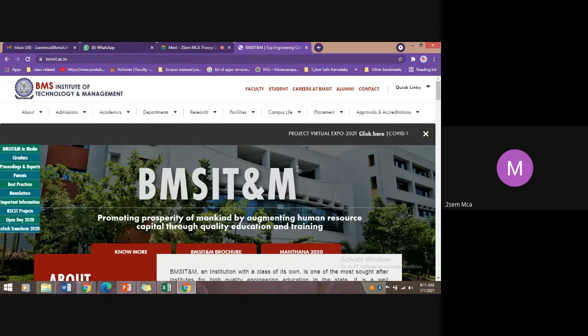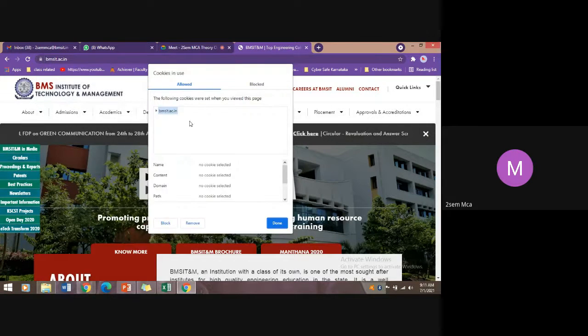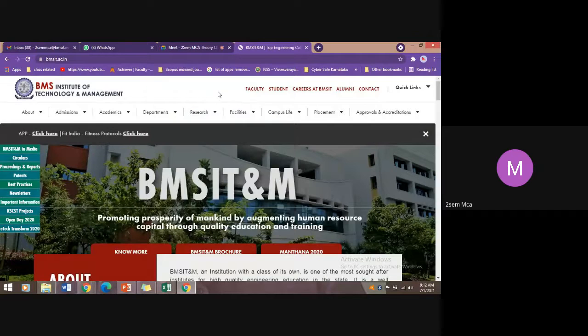And the third precaution you need to take care of is URLs that look right. That is, web links. For example, here, check the URL with cookies. Usually BMSIT and relevant cookies are present in that: indexed databases, local storage, session storage.